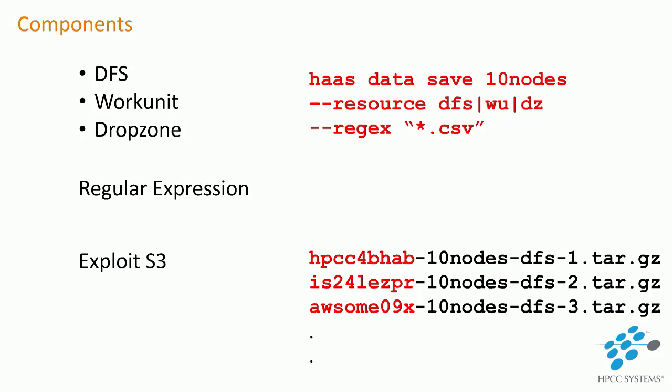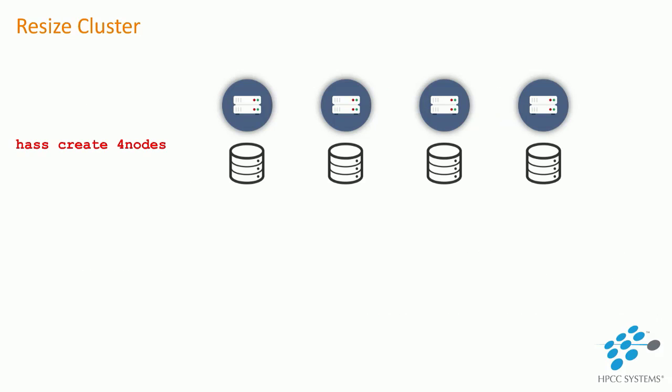So if we began all of these S3 objects with 10 nodes, then when we loaded to, say, 10 nodes, or even 100 nodes, all of the slave instances would be asking the same S3 resource for the objects, and we wouldn't get as much parallelism. But if you randomize the first few characters, then you're highly likely to get 100 different S3 resources replying to those 100 different requests.